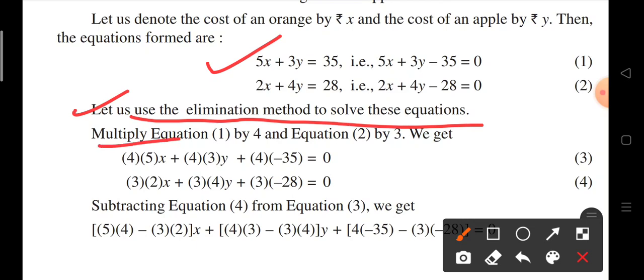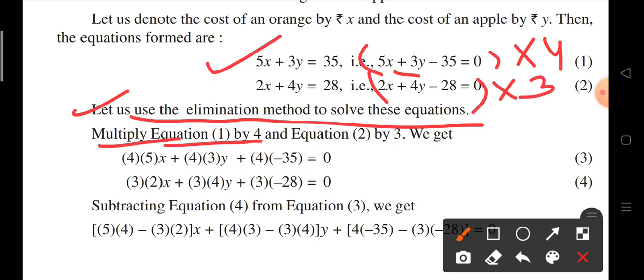Multiply the equation, which one? The first equation, to make the coefficient of the y variable equal. So we multiply it by 4, so we get the coefficient of y as 12, and the second should be multiplied with 3 to get the coefficient of y as 12. So we have multiplied the first equation by 4 and the second equation by 3.